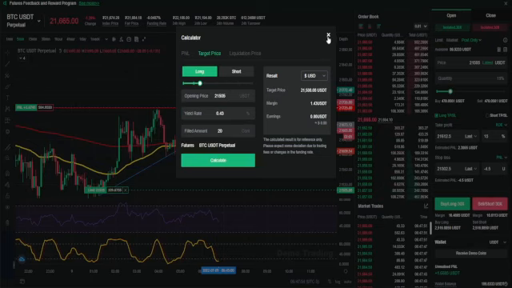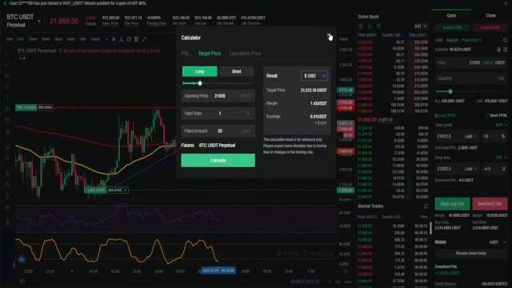I don't know how to use that little target price calculator. I was looking for 1% at 30x with filled amount. That doesn't make sense. The filled amount must be my margin.